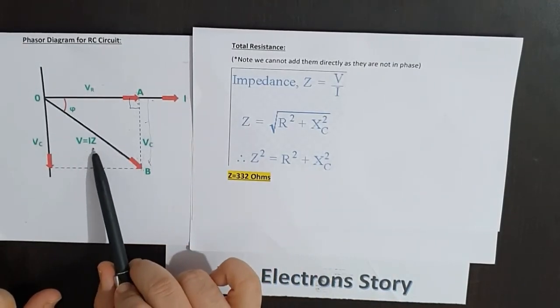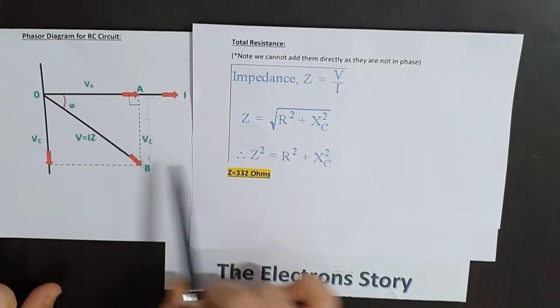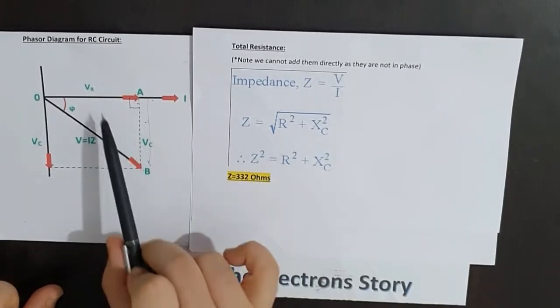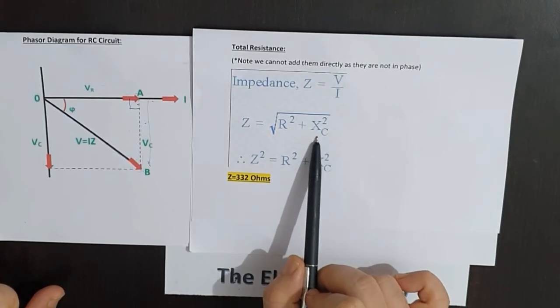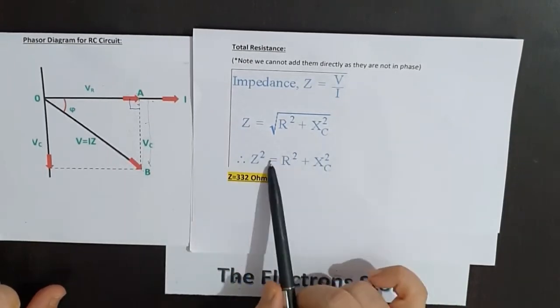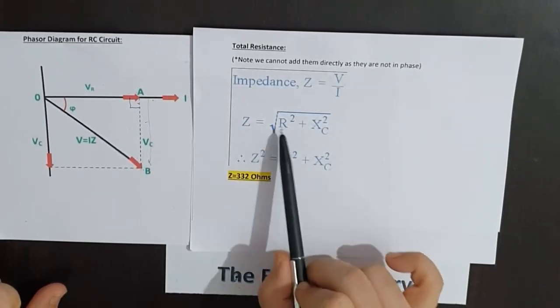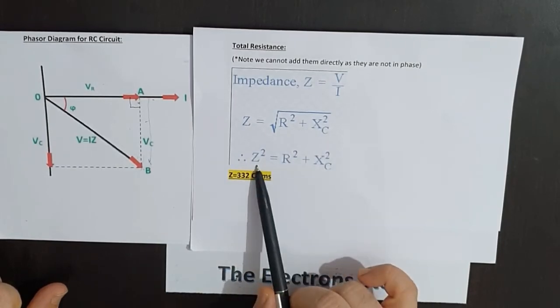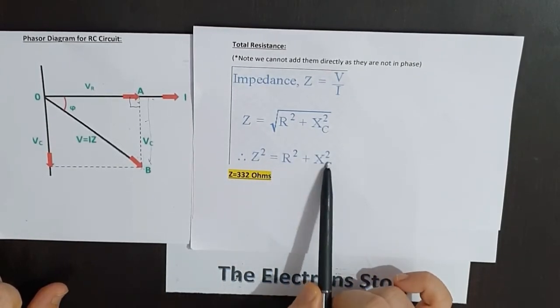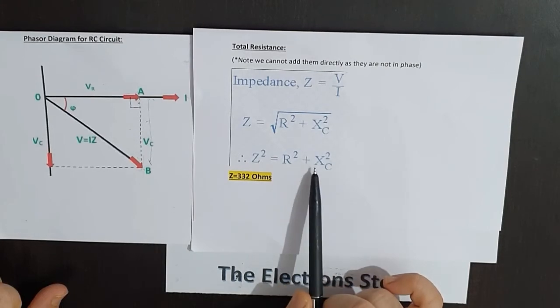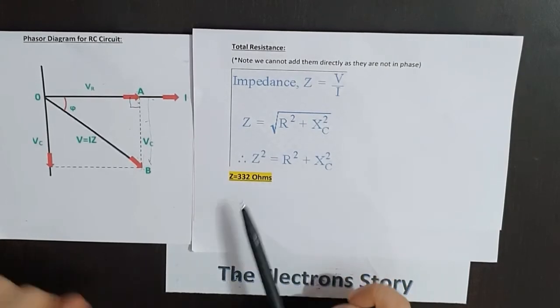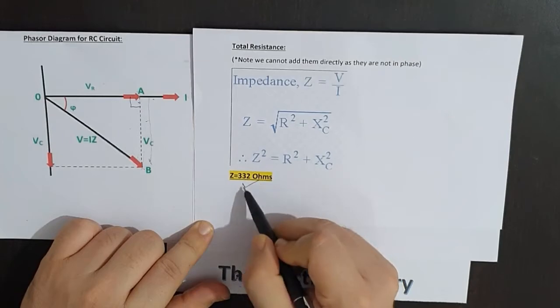So Z square is equal to R square plus XC square. Z is equal to the square root of R square plus XC square. We have calculated the value of R and the value of XC. Then you square, and you get the value as 332 ohms.